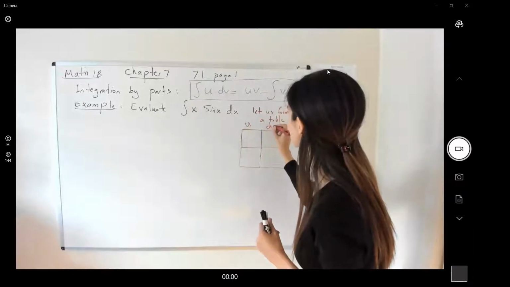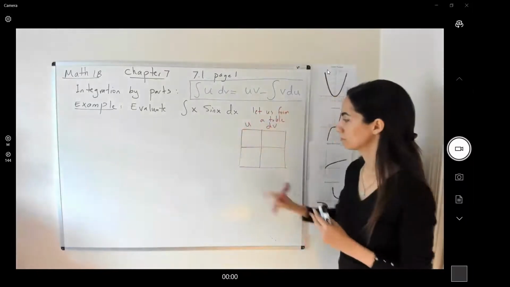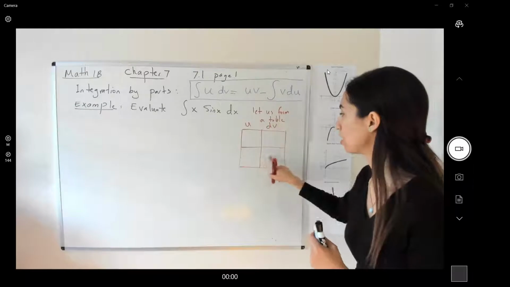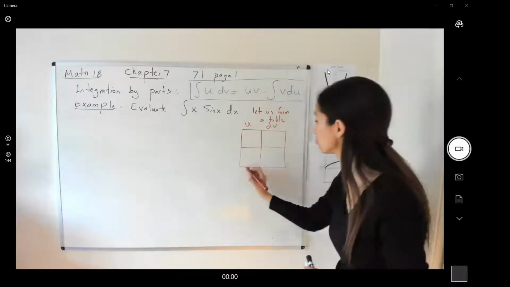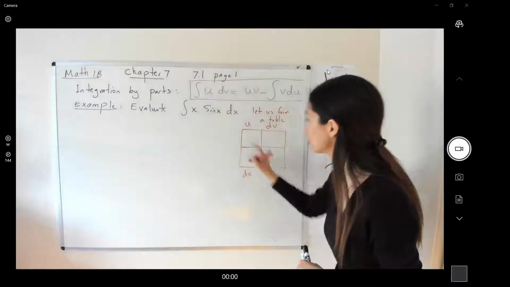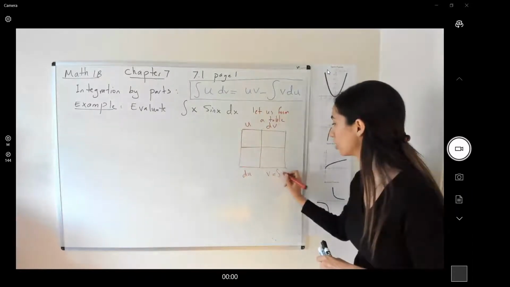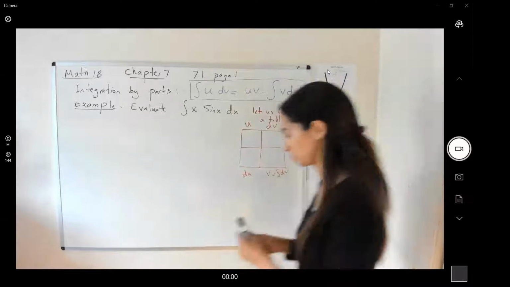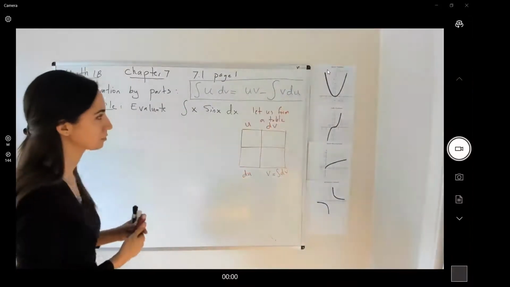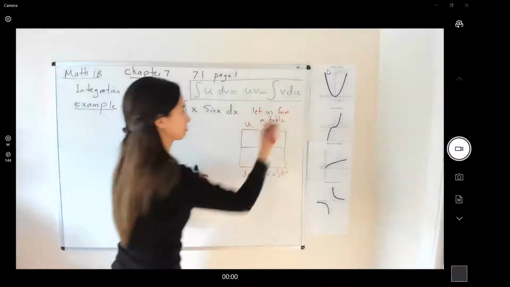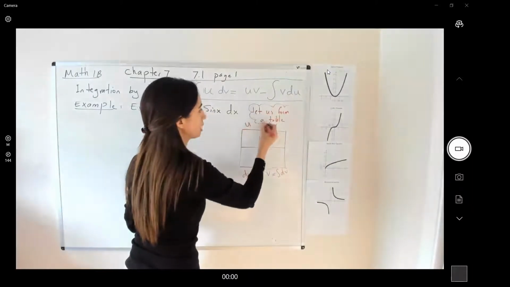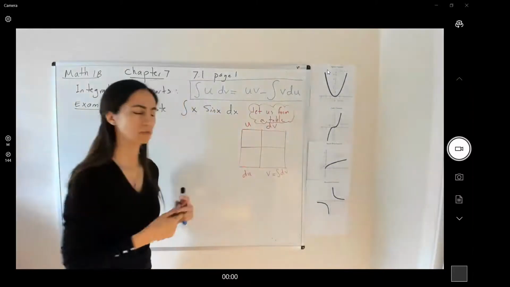What is dv? Then on the second row, you're going to find du, the derivative of u, and v, which is the integral of dv. This is your table.